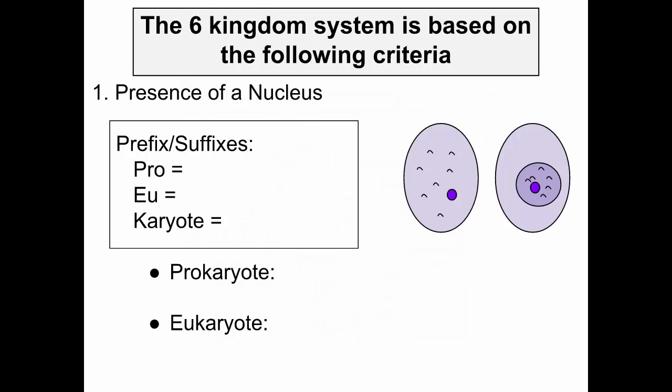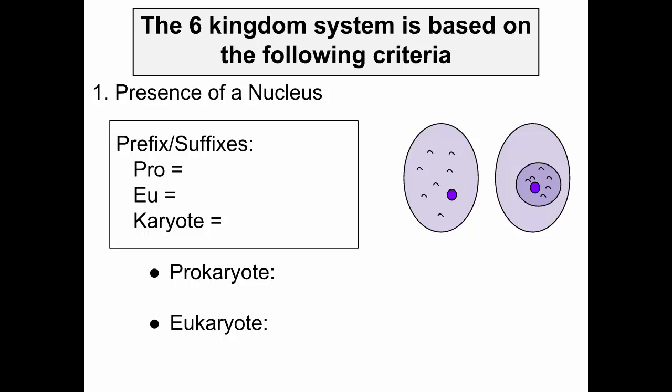So what we're going to be discussing are the characteristics of each kingdom, and we're going to keep referring back to 3 key characteristics. The first one is whether or not the cells have a nucleus. When we talked about cells, we were basically talking about plant and animal cells, and they had a nucleus.